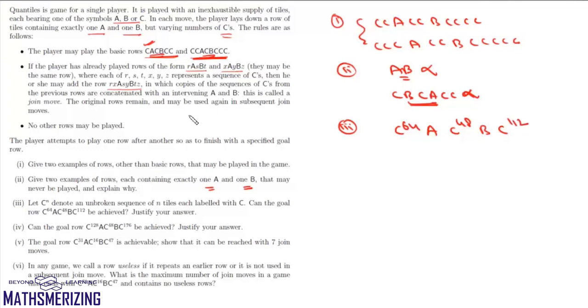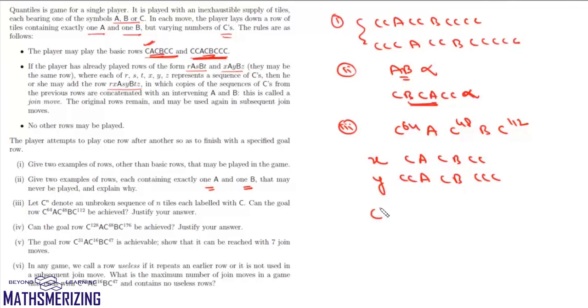So we have two basic rows, CA, CB, CC, and we have CCA, CB, CCC. Now suppose we perform join operations on x rows of the first kind and y rows of the second kind.